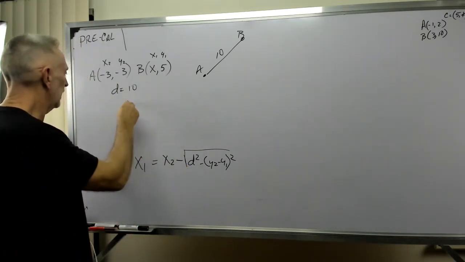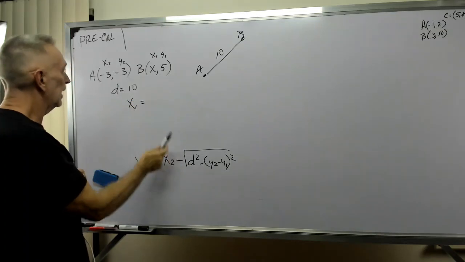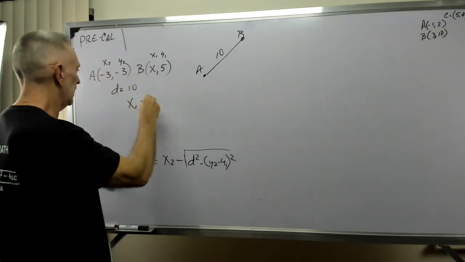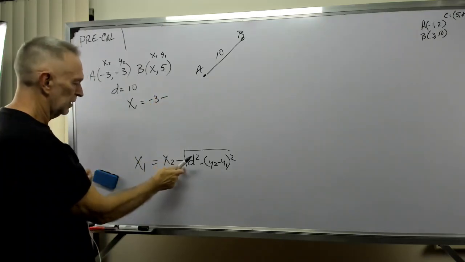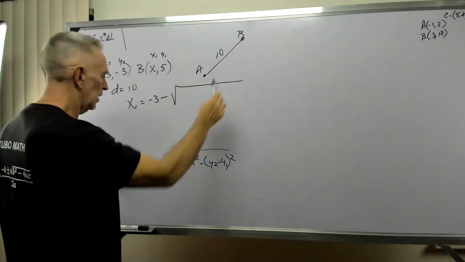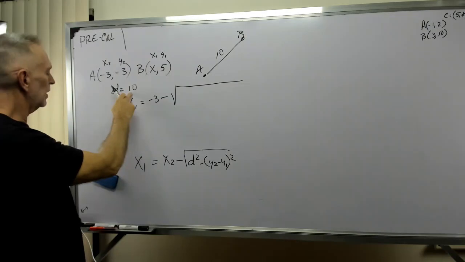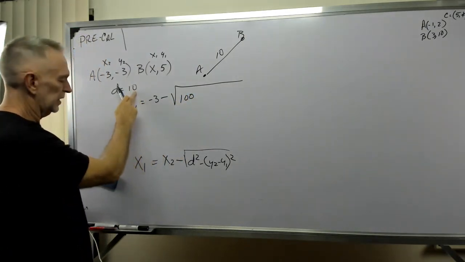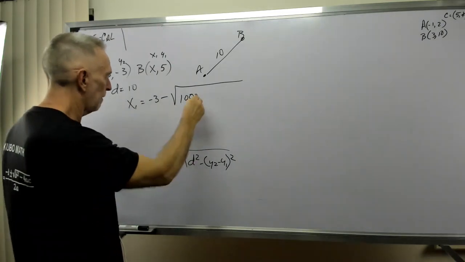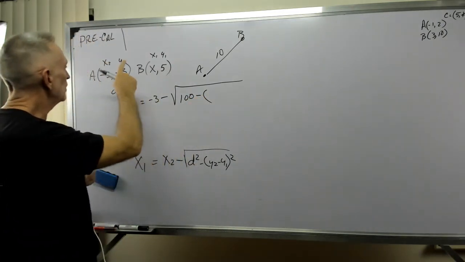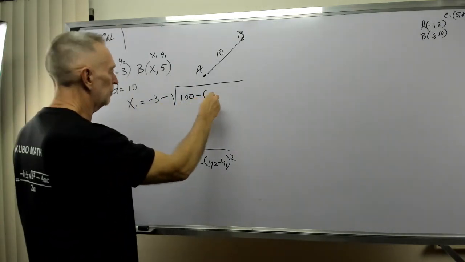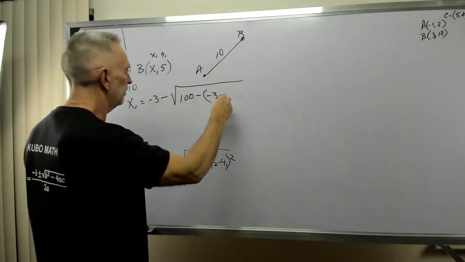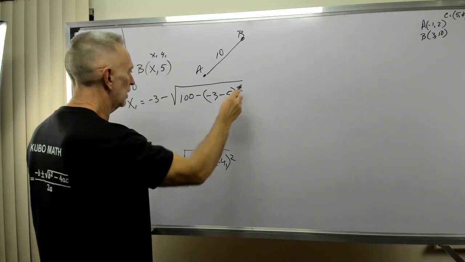Now x sub 1 equals x sub 2, which is -3, so -3 minus the square root of d squared, which is 10 squared, 100, minus y sub 2, which is -3, minus y sub 1, which is 5, and that squared.